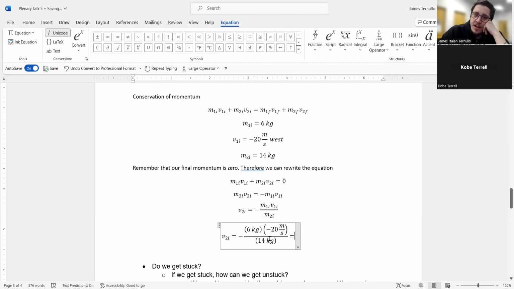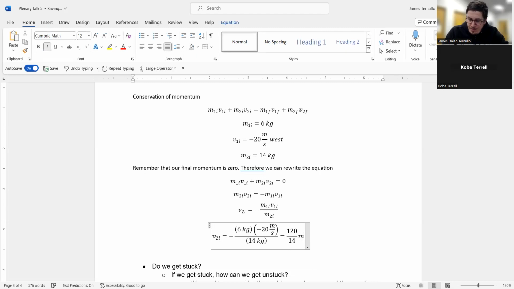And so that means that our kilograms need to cancel, and they do. So this is great. We also see that our negative signs cancel. And what we have here is 120 divided by 14 meters per second. Okay, and because it has a positive sign, we can say that this is east.